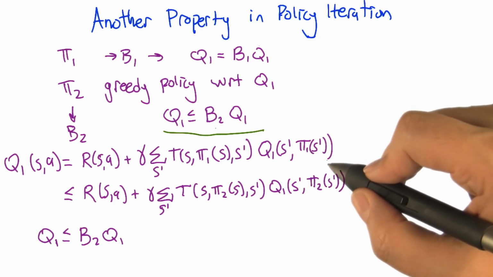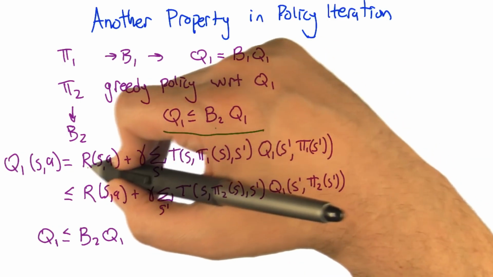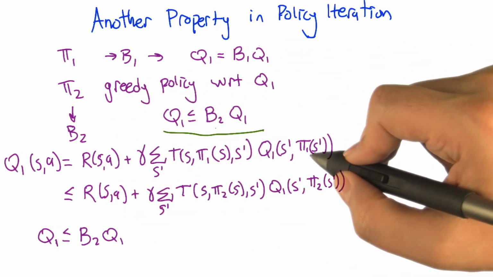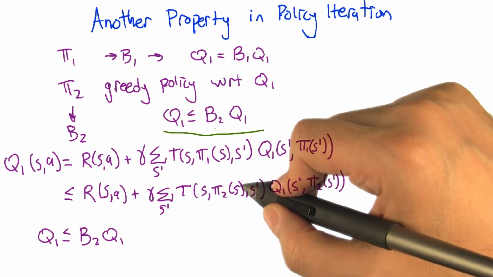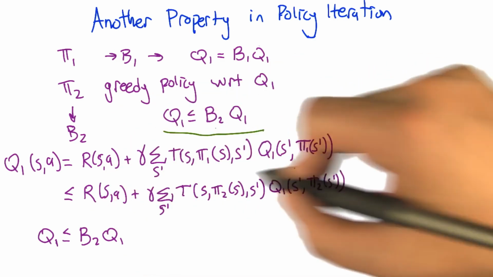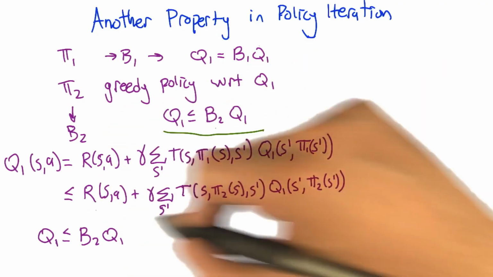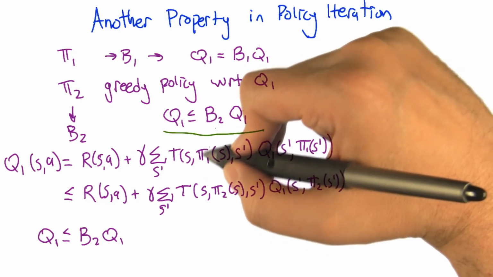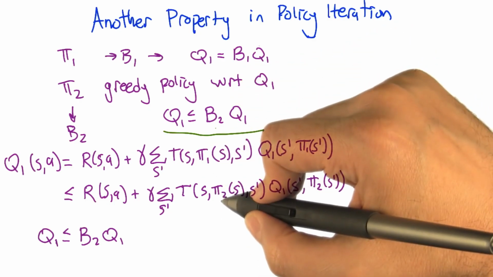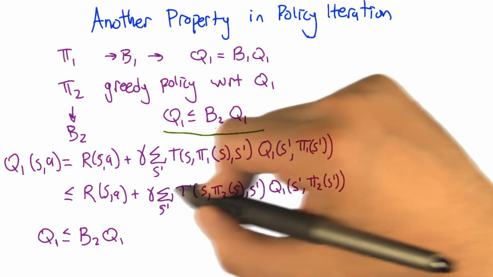But think about what pi 2 is. We can actually substitute pi 2 for pi 1 in here, but pi 2 is the greedy policy with respect to this. In other words, it is the policy that causes this exact quantity to be maximized. That's what the greedy policy does. At every state, either we're going to do no worse than we did with pi 1, or we might actually do better by switching to pi 2, the greedy policy with respect to Q1.